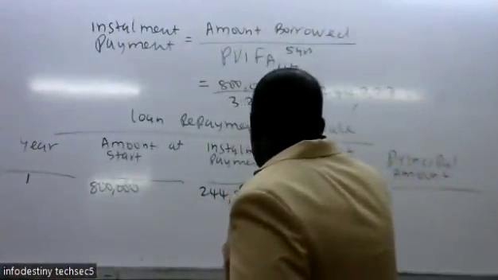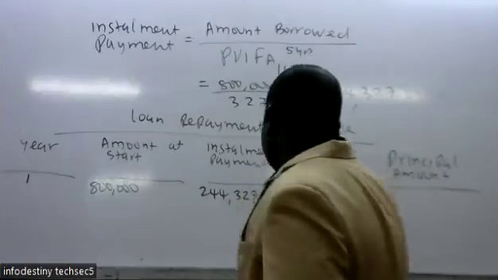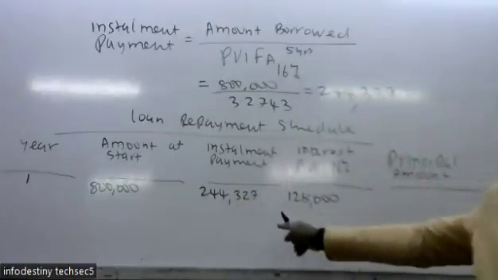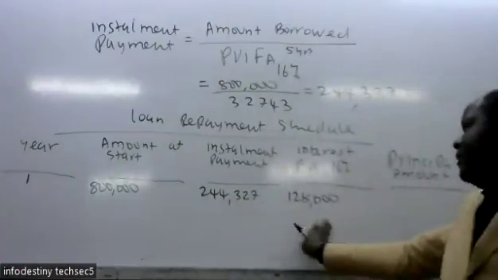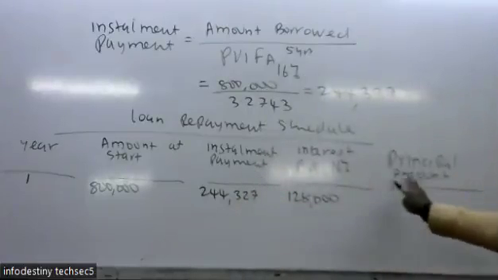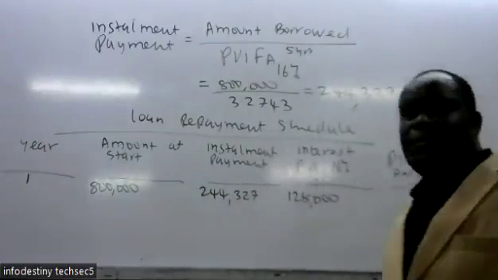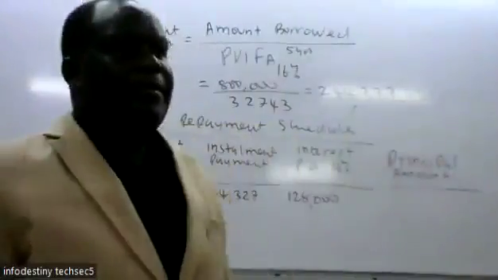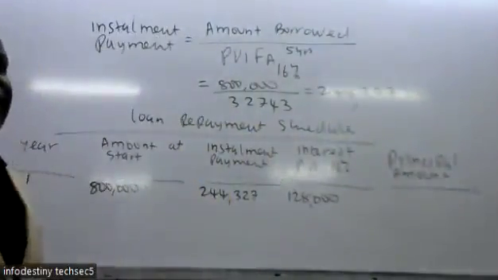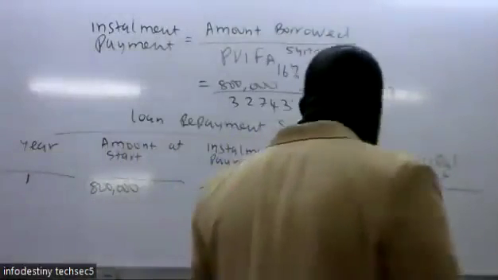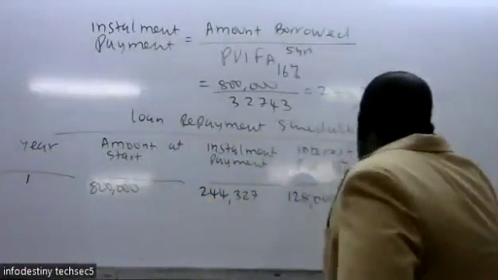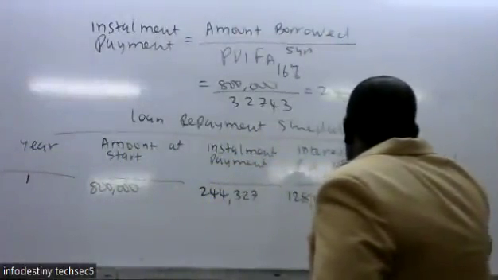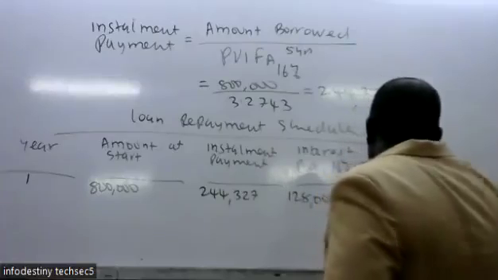128,000. So subtract interest from the installment to get the principal amount. 116,327.